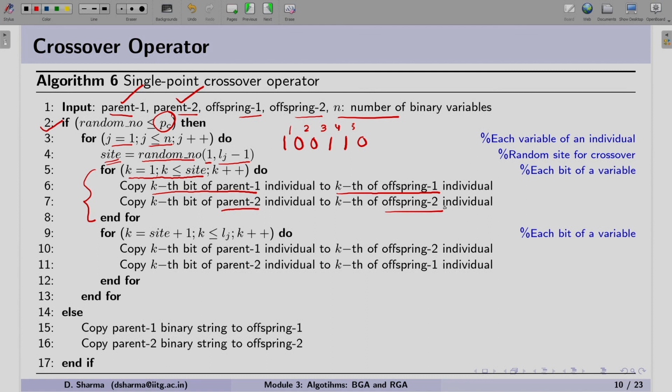Now we have to swap the tail. A simple way is to start from site plus 1 and go to the last bit in the binary string. You can see there is a small change here in step number 10: the kth bit of parent 1 is copied to the kth bit of offspring 2. That is the important part here.